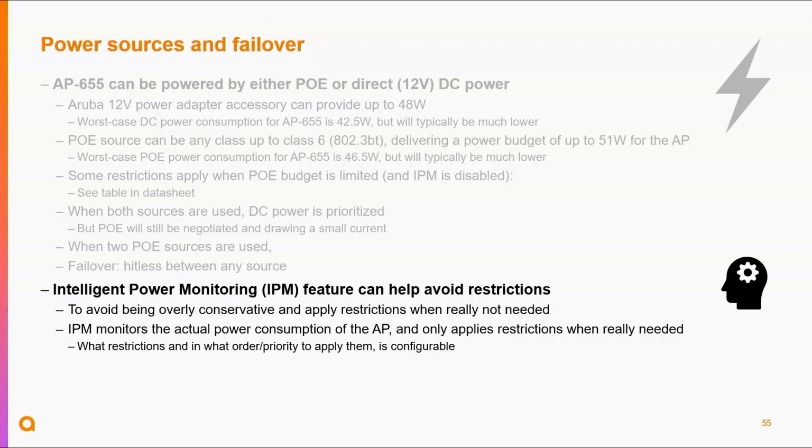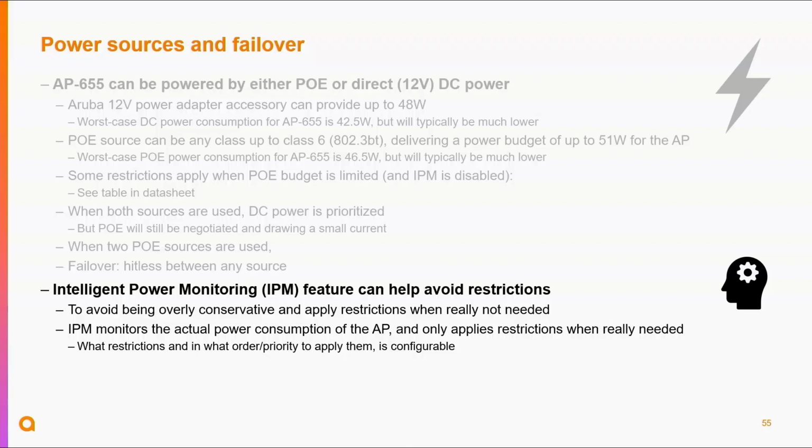You guys familiar with IPM? So we have a little circuit, or some circuits actually, on the board that continuously measure the actual power consumption of the AP. So we have that information available. That is to deal with the fact, as I mentioned before, that the power consumption of an AP can vary widely. And in many cases, you will never hit the maximum power consumption of the AP that we put on our data sheet. So it's really not necessary to apply massive restrictions.